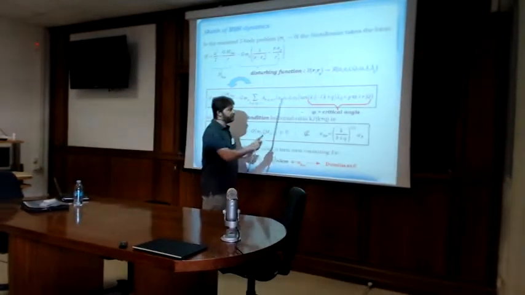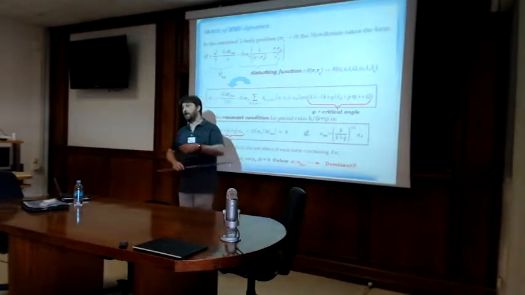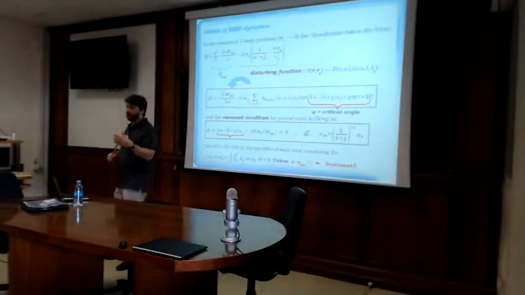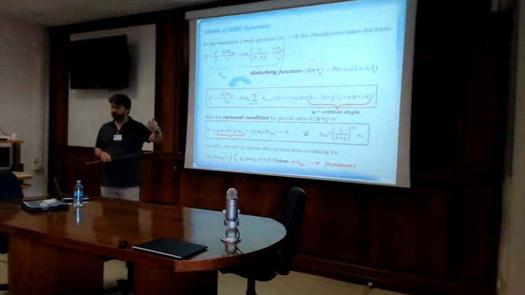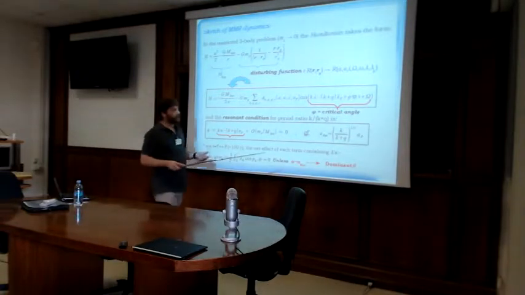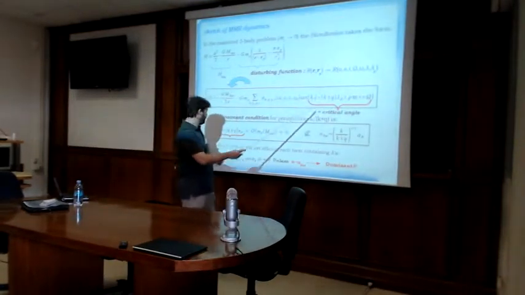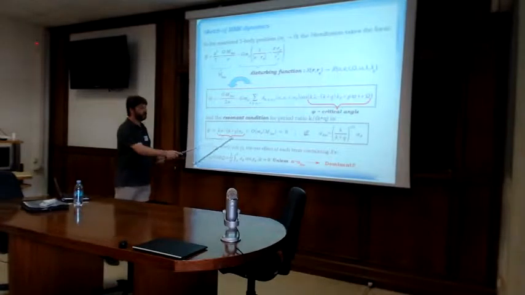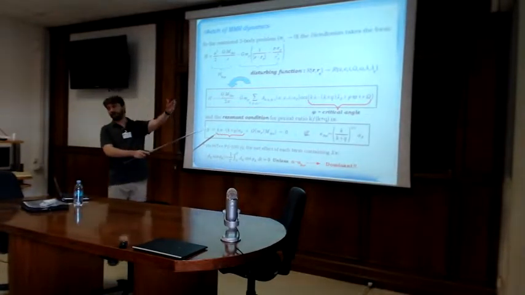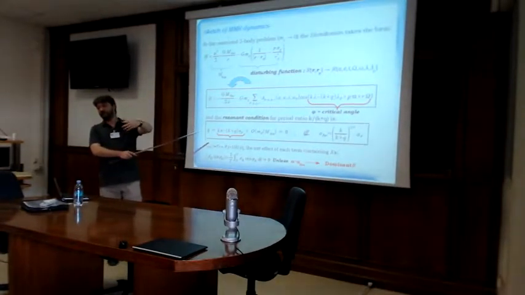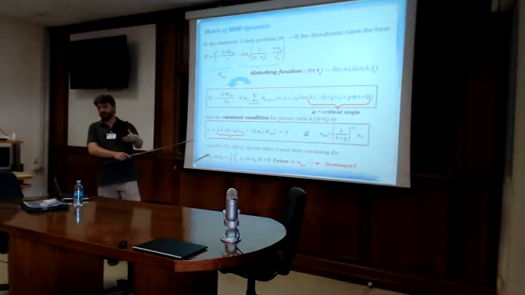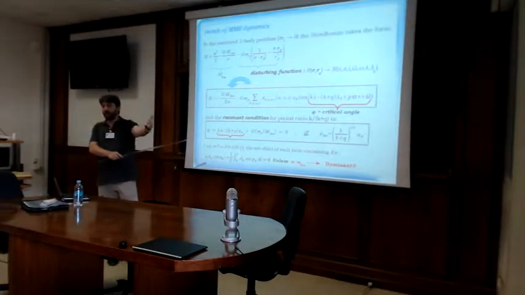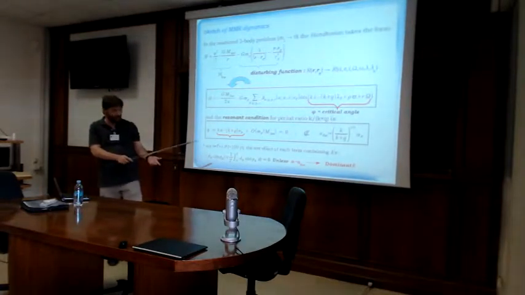If I take each of these terms separately and I take the mean value for some time which is much longer than the orbital period, then because this has a frequency which is of this order and the rest is order epsilon, the mean value is going to be 0 because it will have fast oscillations over this period. It will cover the whole area between 0 and 2 pi and essentially will give you 0.